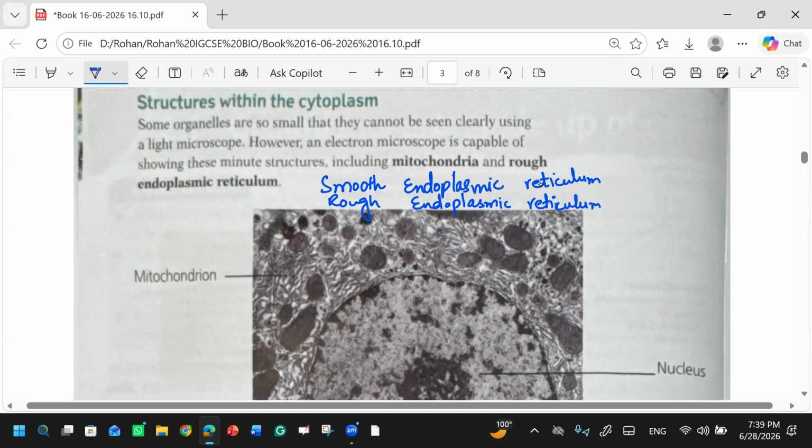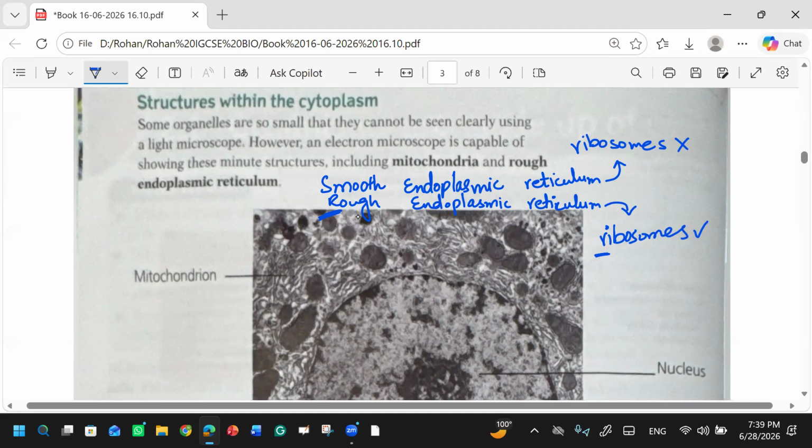The smooth endoplasmic reticulum does not have ribosomes. That is what is known as smooth. But on the rough endoplasmic reticulum, there are ribosomes. I memorized it by R: rough means there will be ribosomes. R for ribosome, R for rough. The smooth endoplasmic reticulum does not have ribosomes.